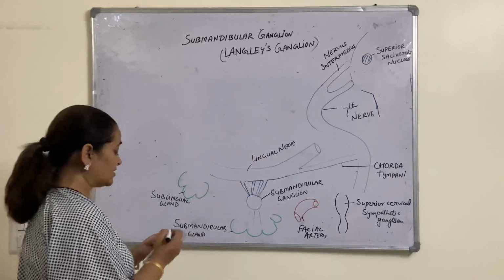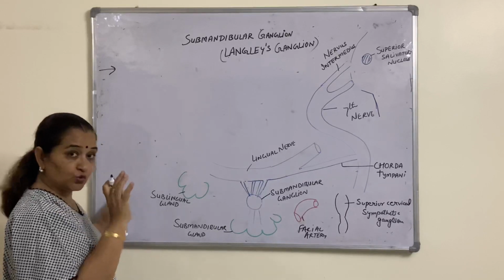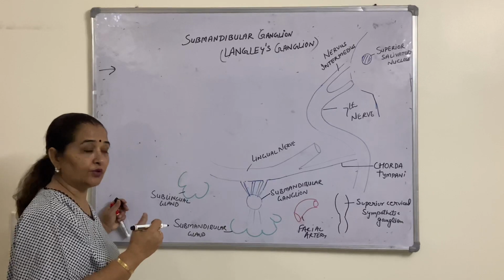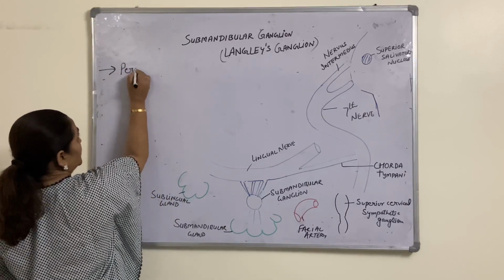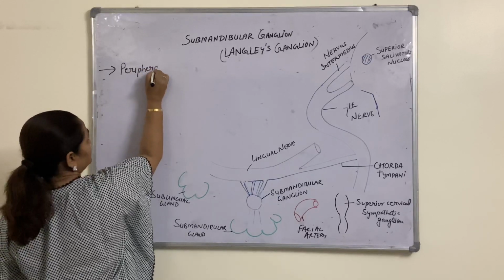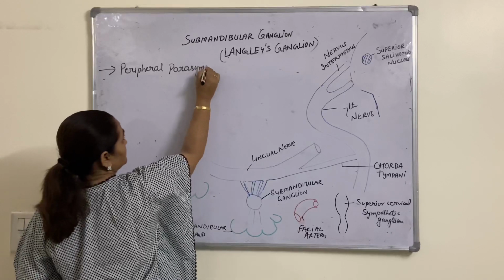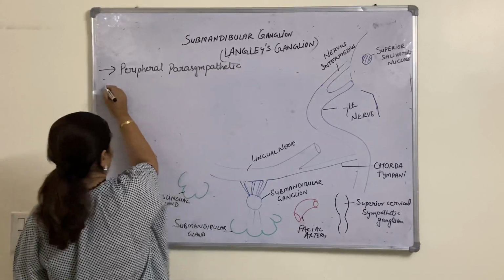Now, what is important regarding this ganglion, as we have discussed with the other three peripheral parasympathetic ganglia? What is the type of this ganglion? It is a peripheral parasympathetic ganglion.